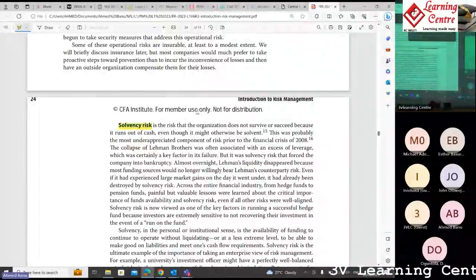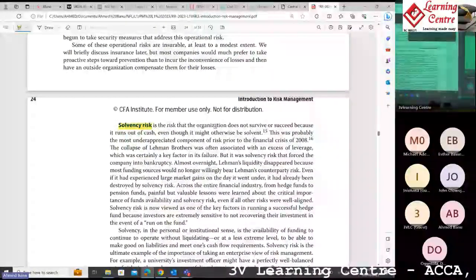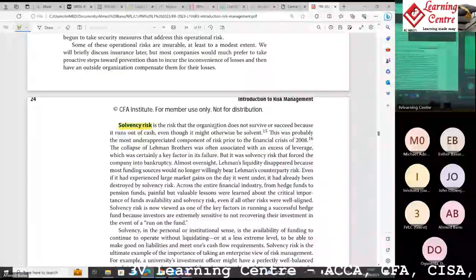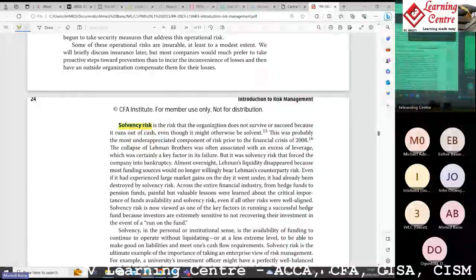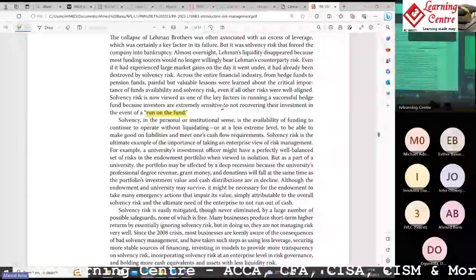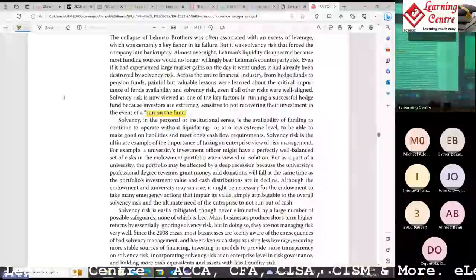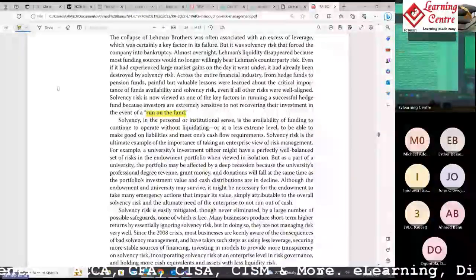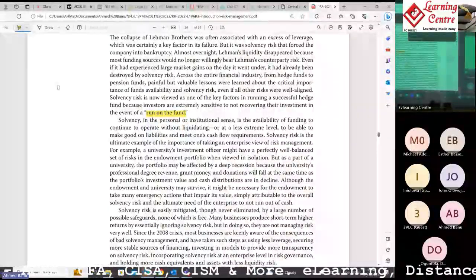Then there's something you guys have heard called a run on the fund, where, when there's an issue with the fund manager, everybody keeps going to the fund manager to collect their money. Exactly what happened to what's that company called? Not Signature Bank.